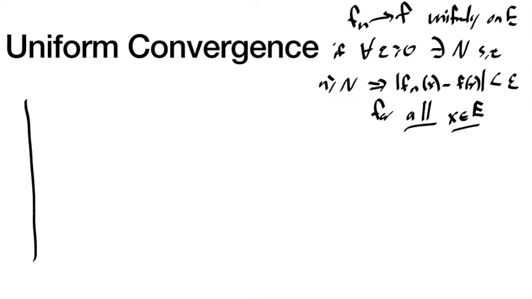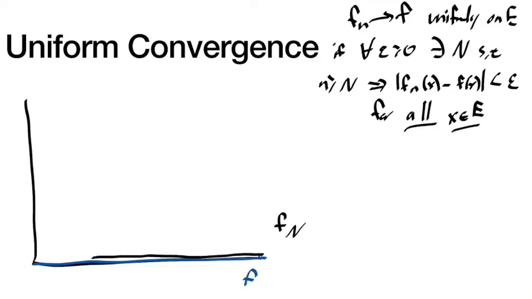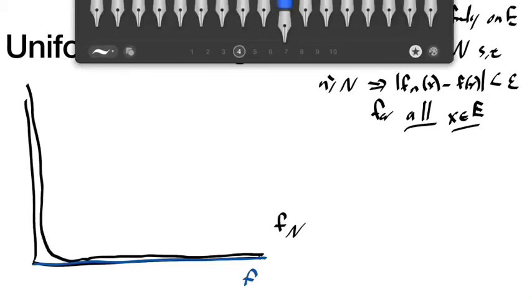So what's the difference? Let's take for example that first example I had, where we had those functions converging to 0. Well, what's going on there is we have our convergence function f, but you'll notice that even if I take a really large n value, fn may be really close to f through most of the region, but eventually it's going to spike back up.